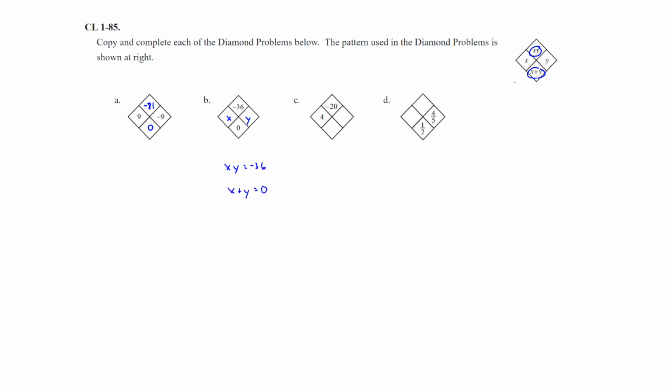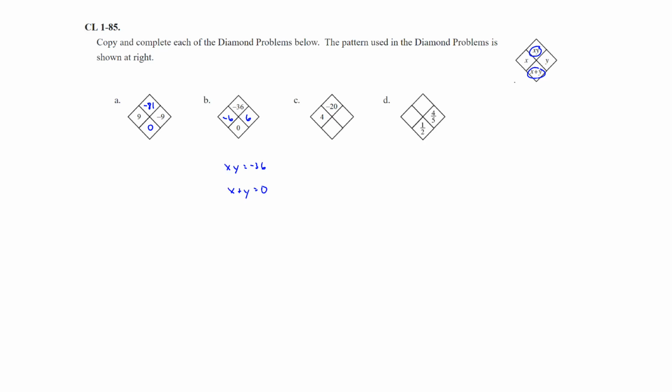Well, think about that. The only time you can add two numbers and get 0 is if they're opposite each other. So we could use 5 and negative 5, but we also need numbers that multiply to give us 36 that are the same in terms of their number, but then opposite their sign. So what would that represent? That would give us negative 6 times positive 6 would be negative 36, and then negative 6 plus 6 would be 0.